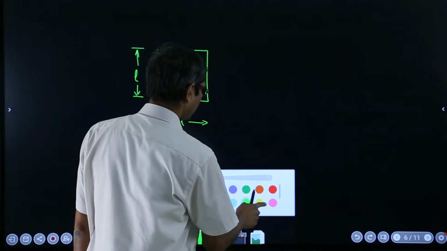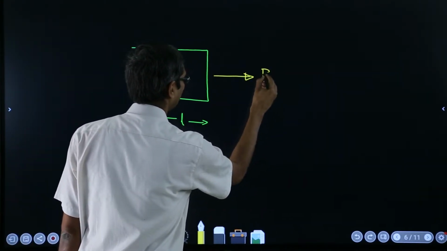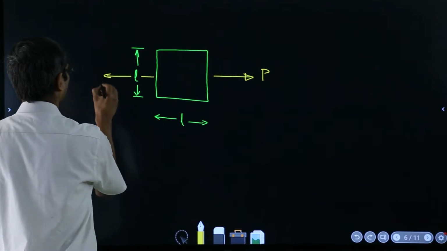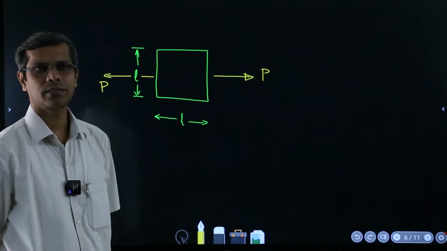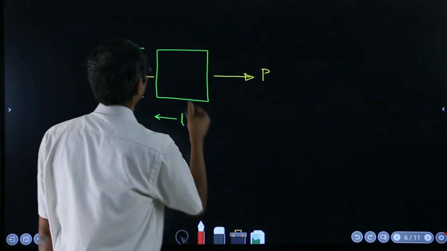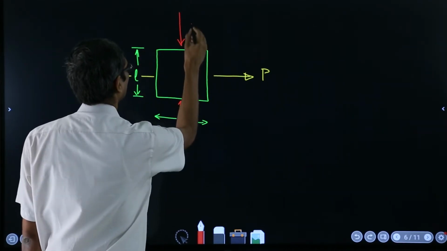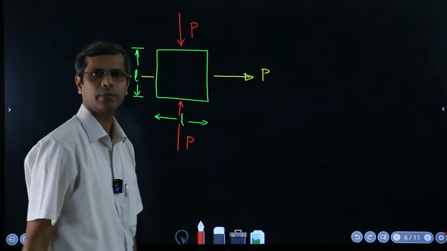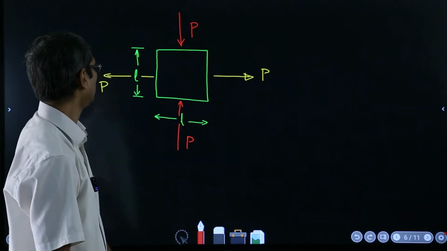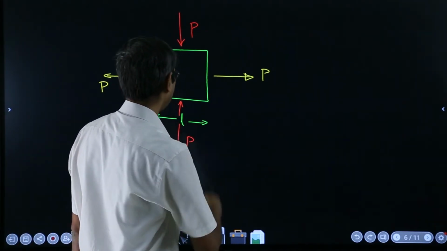And now we apply forces like this on this side, tensile force P in the x direction, and a compressive force of the same magnitude P. Now, if this body is under such a loading condition, what would be the change in length over length, or the strain in this direction?